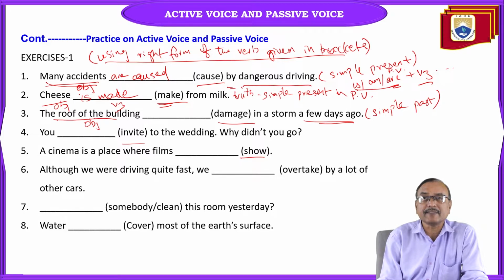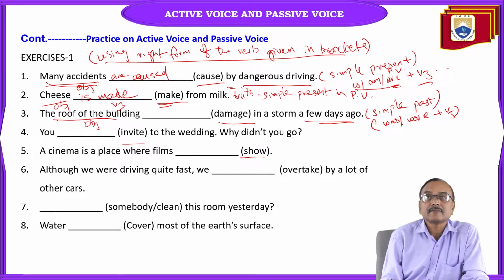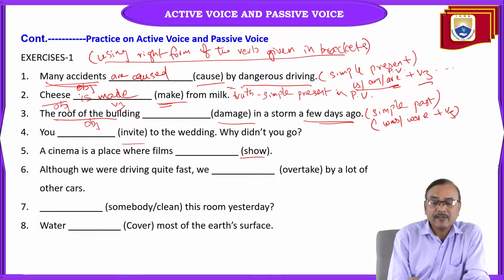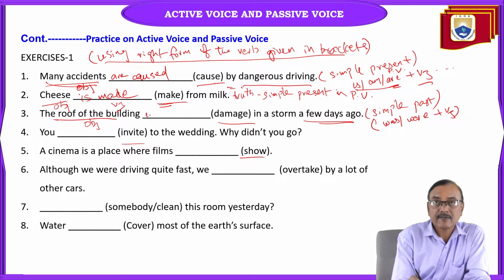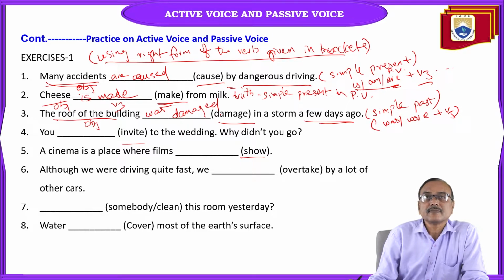Roof of the building. So simple past, what is the structure in passive voice? Was or were plus V3 form. The roof of the building was damaged.